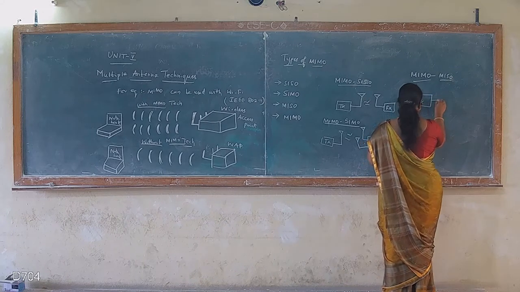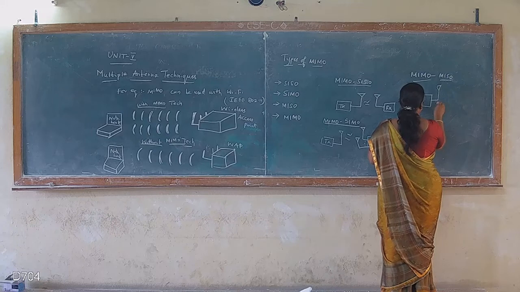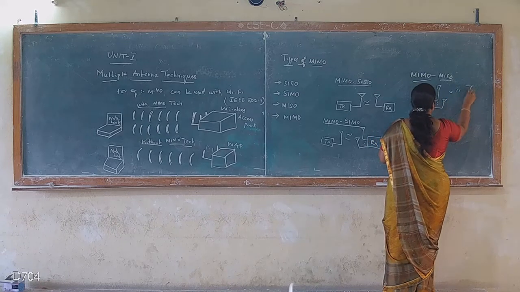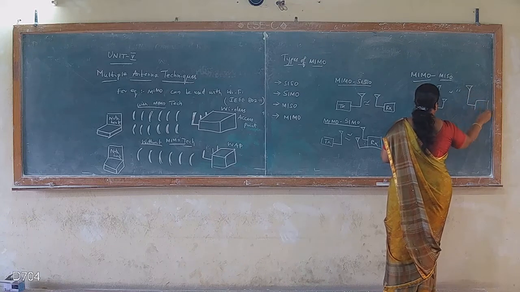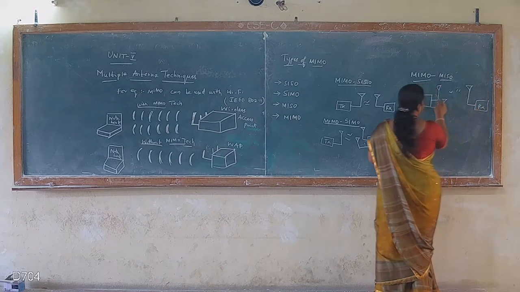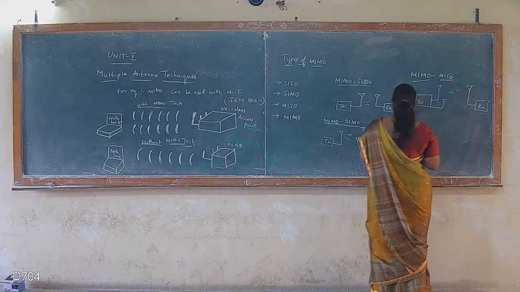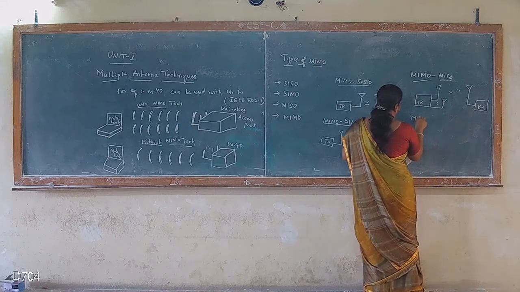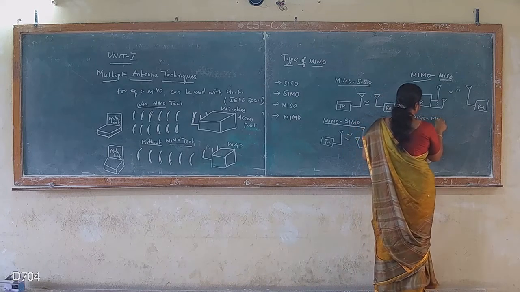That is the multiple input and single output device. The last one is MIMO itself, the MIMO concept, with more than one antenna both at the receiver as well as the transmitter.